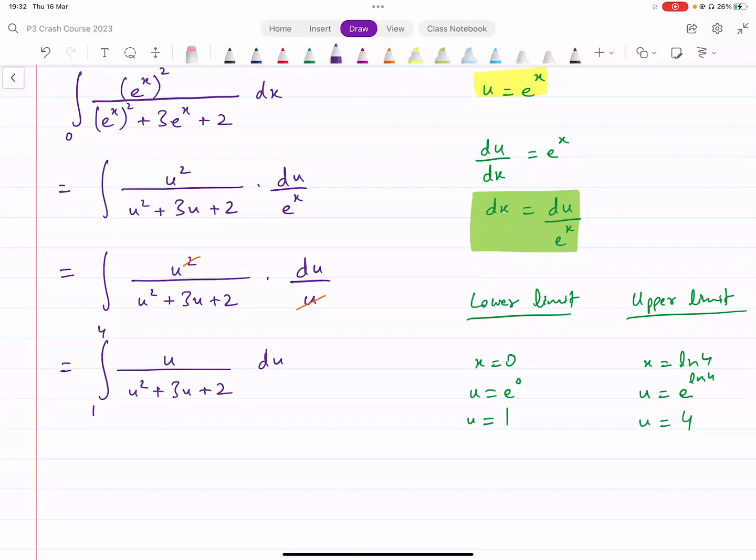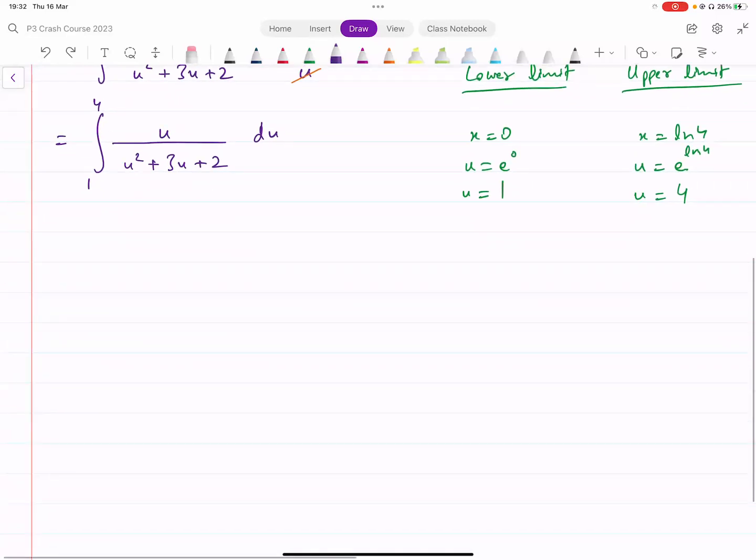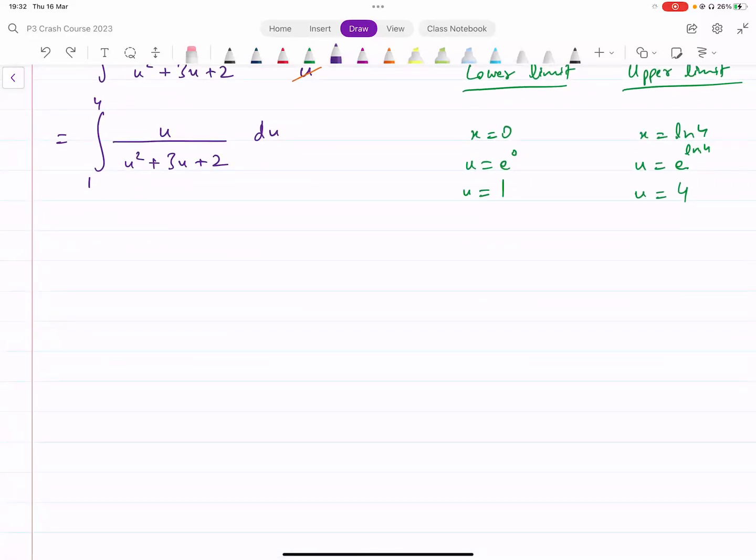Okay. Now we need to integrate this. This is the integral that we have. Now it's a fraction. What rule can we apply here? We think of the rules that we have for integrating fractions. Does the log rule work? Let's think about that first of all. For the ln rule, we need the numerator to be the derivative of the denominator.